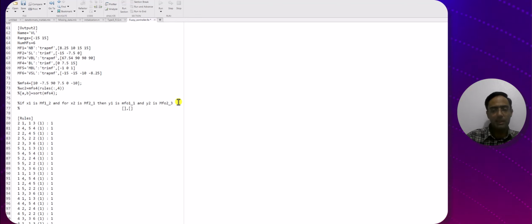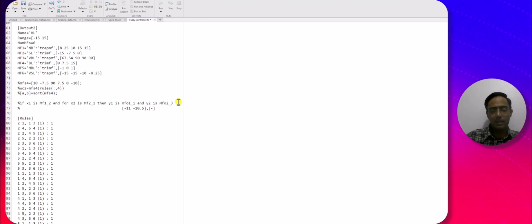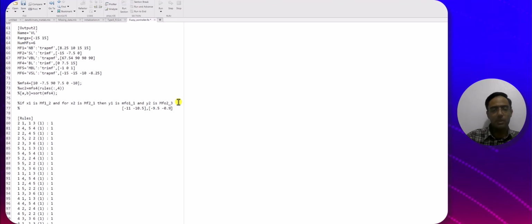The center is -10, so the lower side we suppose is between, for example, -11 and -10.5, and the upper side we suppose between two other variables like -9.5 and -9. Okay, so this triangular membership function is replaced with these parameters, with this singleton type 3 fuzzy set.